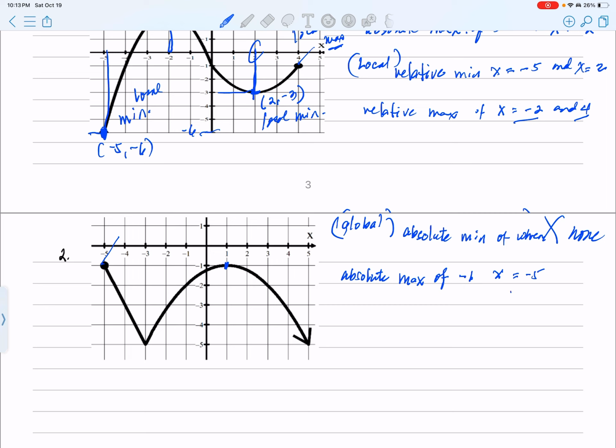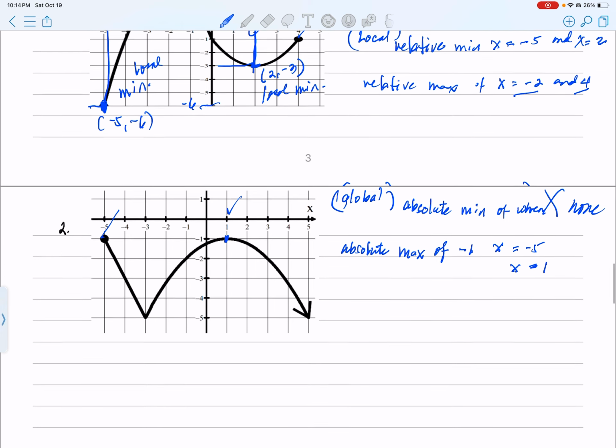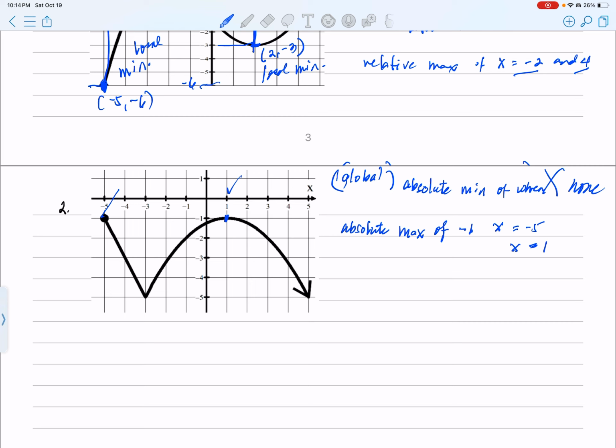And also when x is at 1, right here. You have the absolute maximum of negative 1, right there. Negative 1.